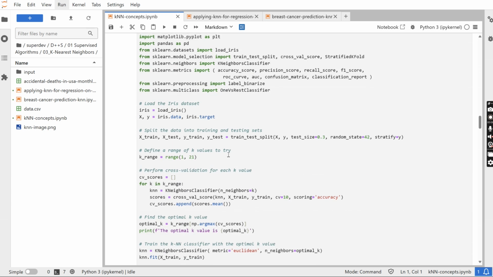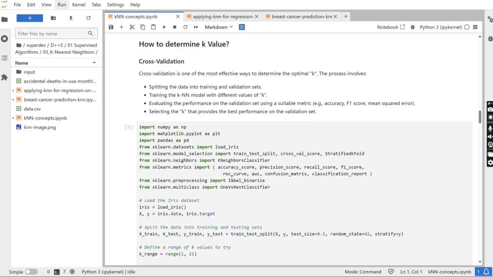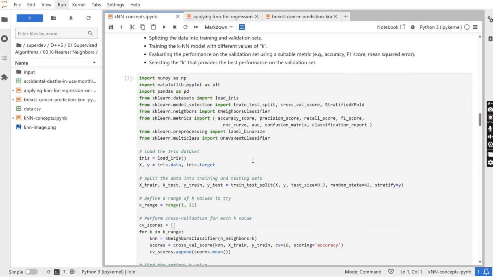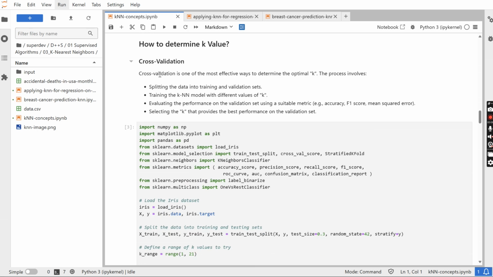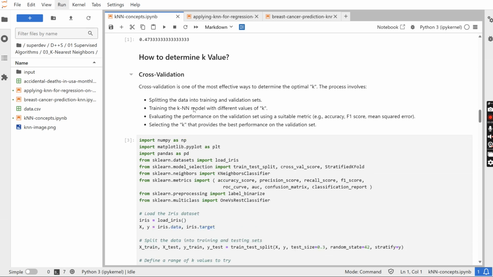Cross validation, we'll learn in depth about what it is and how it works when we discuss evaluation metrics. But for now, just understand that cross validation is a method wherein you split the data into training and validation sets in separate percentages, like 80% training data, 20% validation.